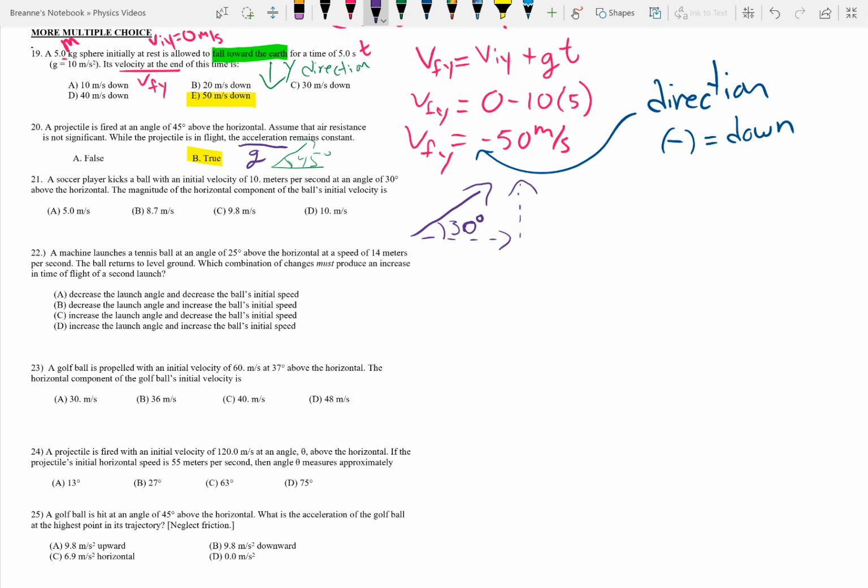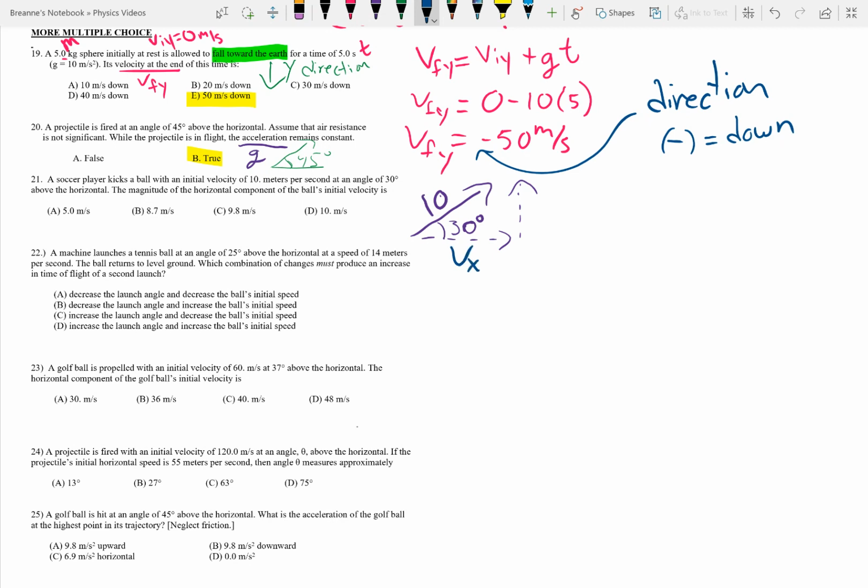And that velocity it gives you is going to be your hypotenuse. So it's asking for the horizontal component, this component right there.